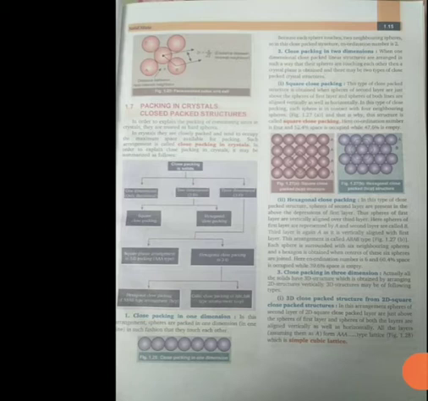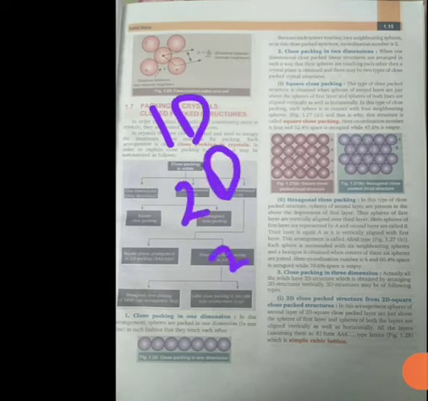So if in a crystal the particles are closely packed and tend to occupy the maximum space available for packing, such an arrangement is called close packing in crystal, okay. And there are many ways through which we can demonstrate this close packing, and these are basically 1D, 2D and 3D.